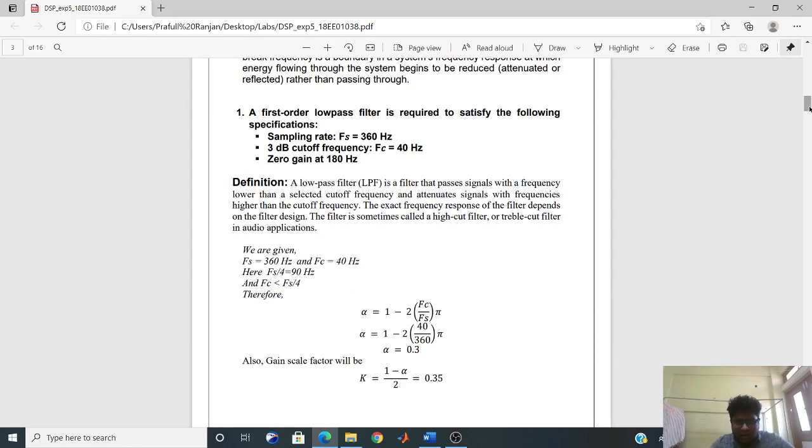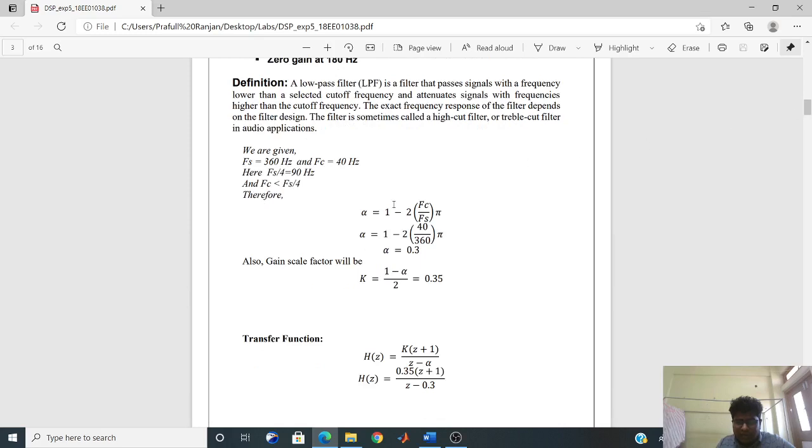First of all, we have to design the low pass filter whose specifications are given below. So what is a first order low pass filter? A low pass filter is a filter that passes signals with a frequency lower than a selected cutoff frequency and attenuates signals with frequency higher than the cutoff frequency.